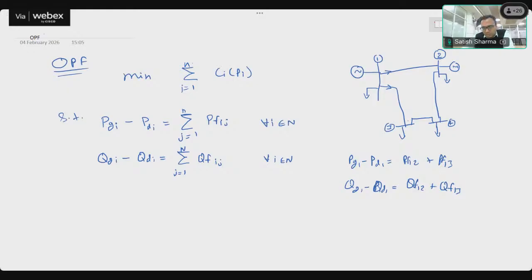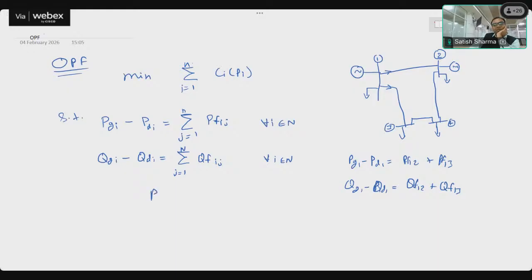Whenever at bus number 3 and 4 there is no generation, we can keep PG and QG equal to 0. It's that much simple. Once we have identified this part, we have to look for another set of constraints: these variables should be within the limit.